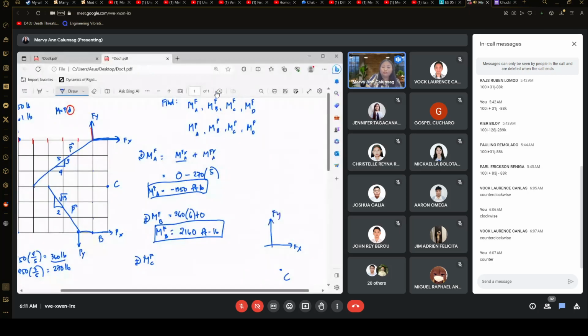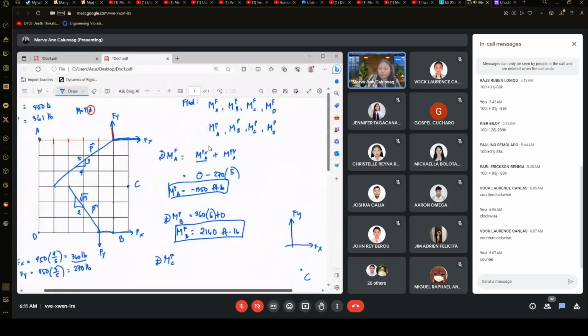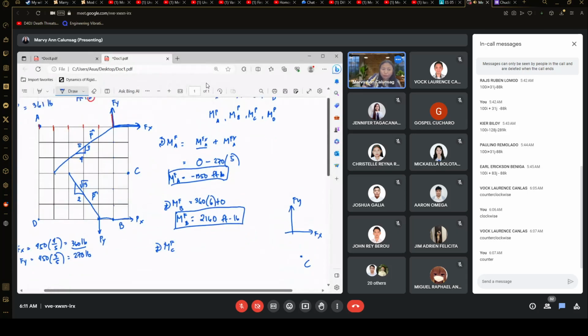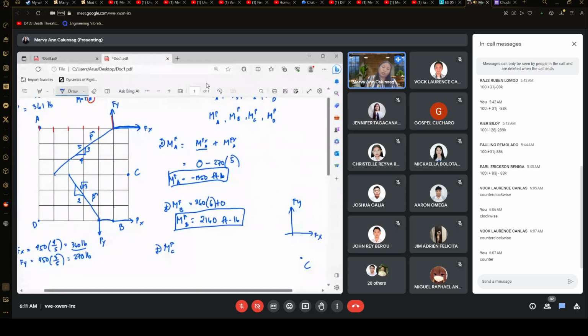What is the rotation ni FX about point C? Clockwise ba or counterclockwise? Di ara man si C, di ara si FX, so that is clockwise, positive. Fx is 360 times the moment arm, 1, 2, 3, times 3.